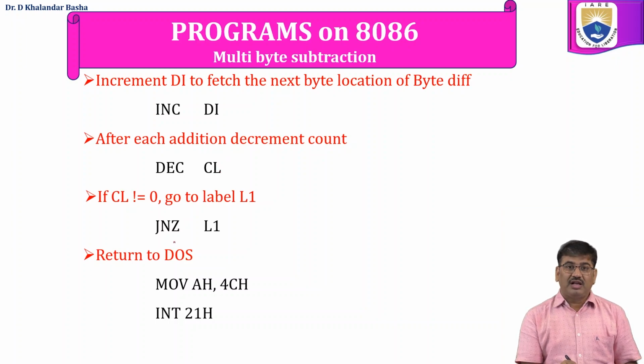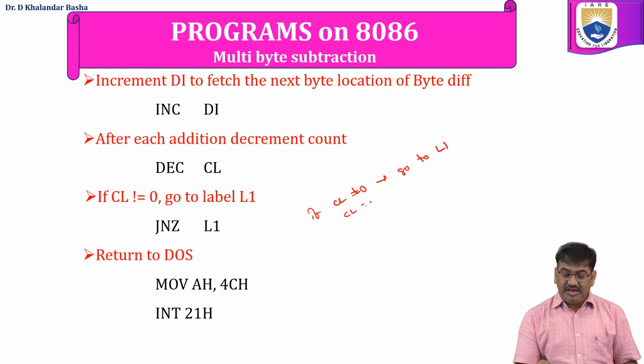For that we go for a conditional control instruction, JNZ label 1. If the CL content is non-zero, that indicates the data is available and we still have more operations to perform, so we go to label 1.